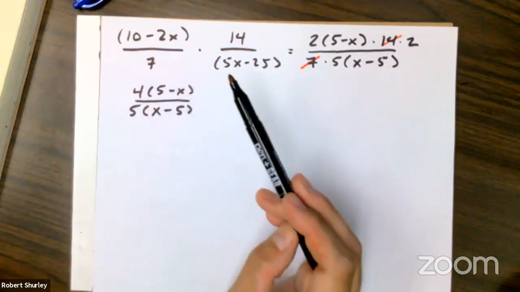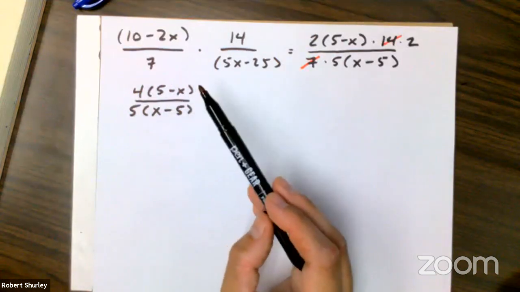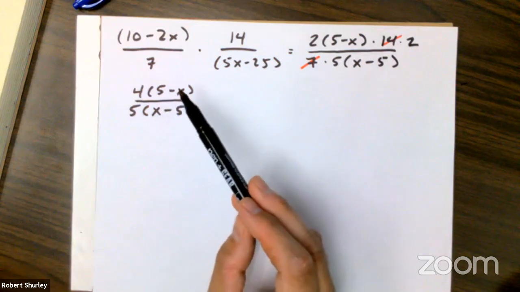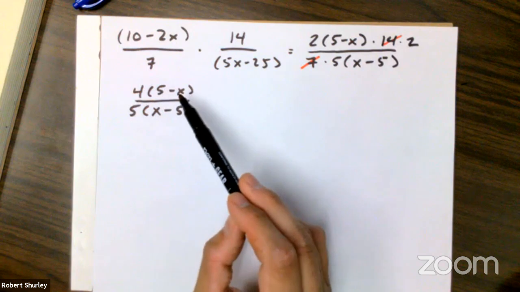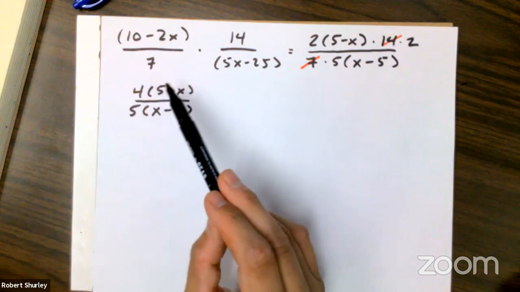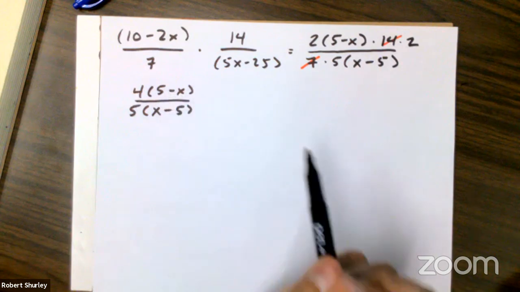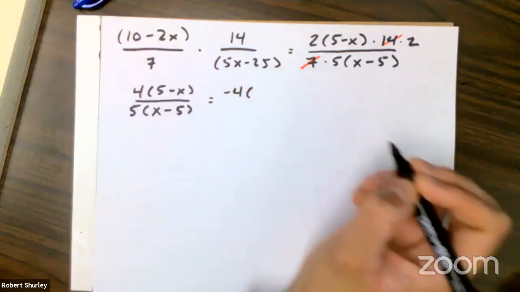Okay, hopefully you see this. 5 minus x and x minus 5. The only thing different is the order around the minus sign. And there was a rule that we learned that said if we factor out a negative, we can flip around a difference, right? Around a subtraction. So I'm going to do that with the numerator. I'm going to factor a negative out, so it becomes negative 4.